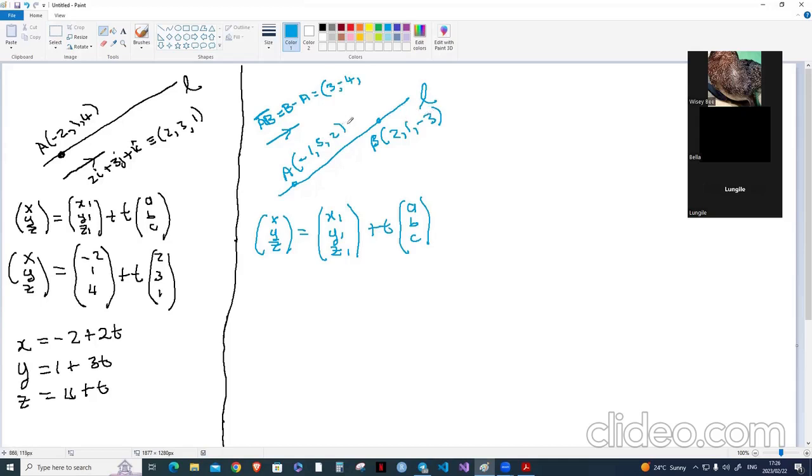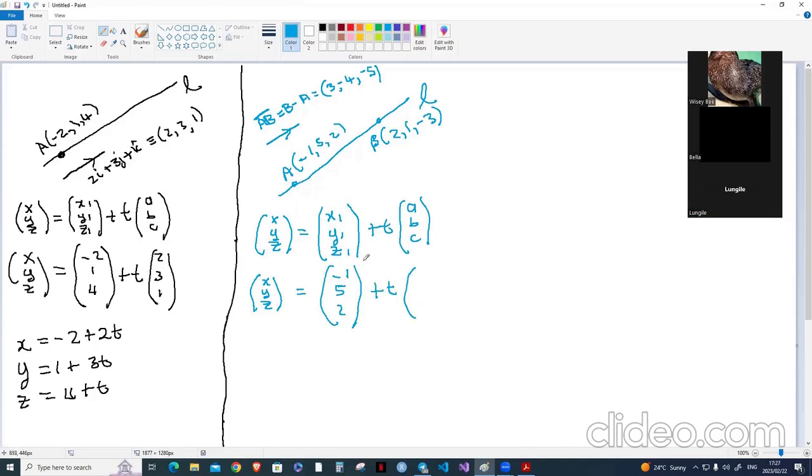Then minus 3 minus 2, that's minus 5. And now we've got your vector, which is parallel to the line. Now we've got a point, and you just choose any point. I'm just going to choose this one, (-1, 5, 2) plus t.